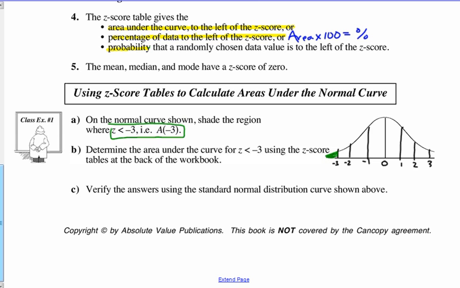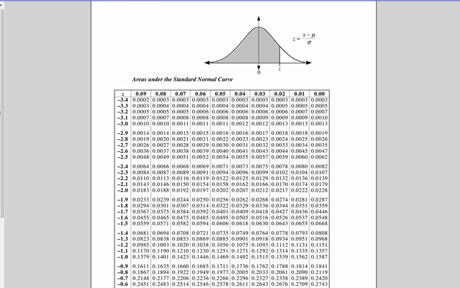Determine the area under the curve for Z less than -3 using our tables. So it's -3.00. We always need 2 decimal places. So we grab our Z-score table. I'm on the negative side. For the tenths, -3.0 is right here, and we want 3.00 for -3.